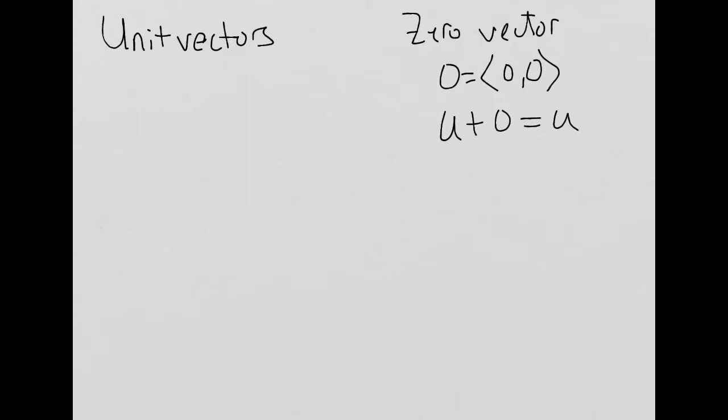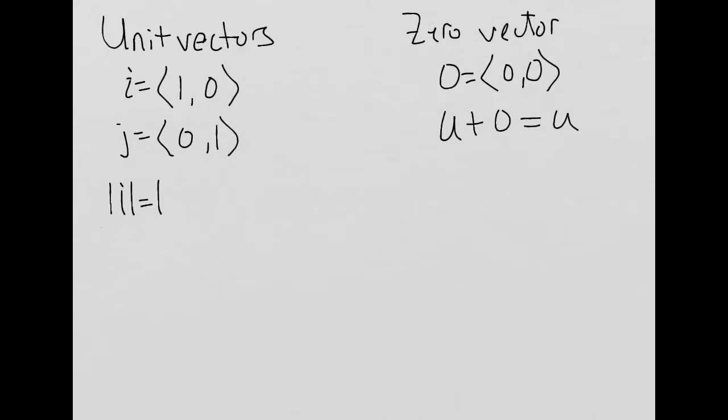Unit vectors are 1, 0 and 0, 1. And these tend to be written as i and j. So you'll notice the magnitude of i equals the magnitude of j, and they both equal 1. They are of length 1, the unit of measurement in the real numbers.